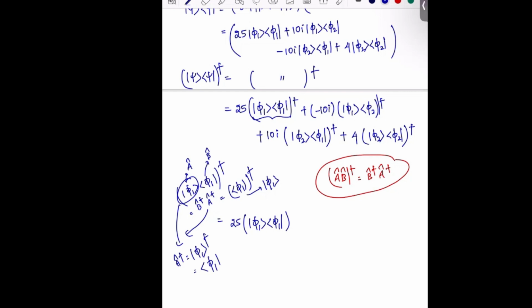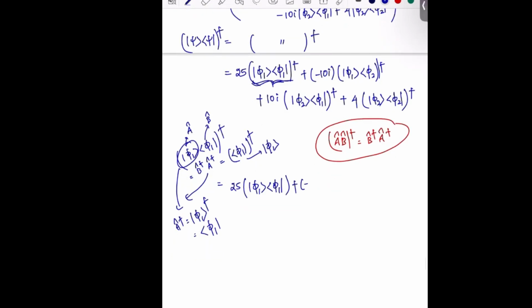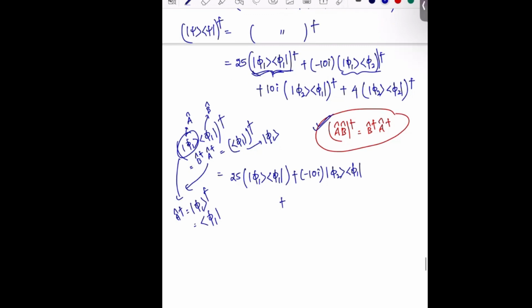So if you take the dagger of the initial one, it is the same as the one that was there earlier. Now the next one, phi 1 phi 2 dagger, will become phi 2 phi 1. The kets exchange their positions because of this property. Now the next one is 10i phi 1 phi 2 and 4 phi 2 phi 2.